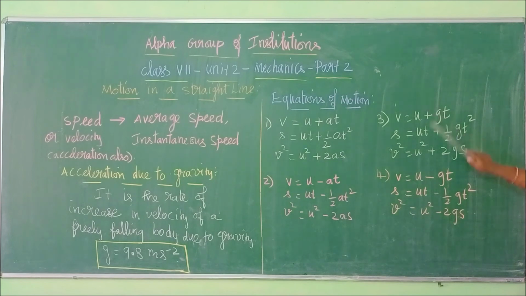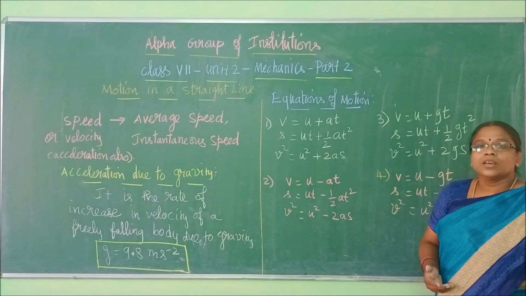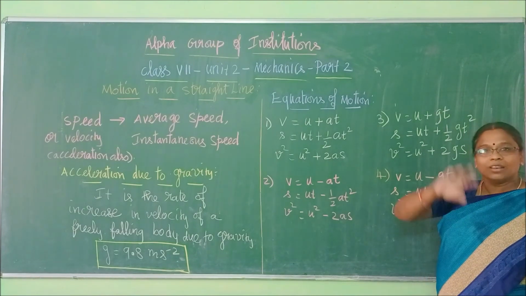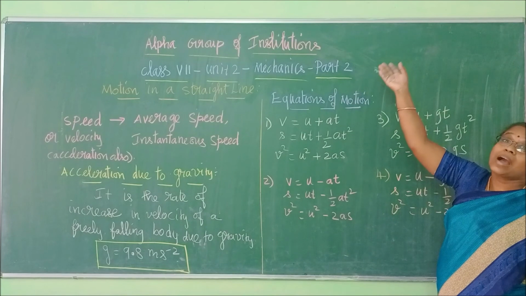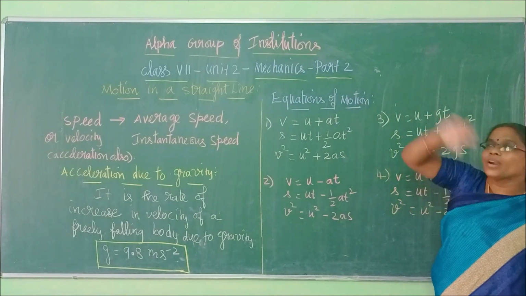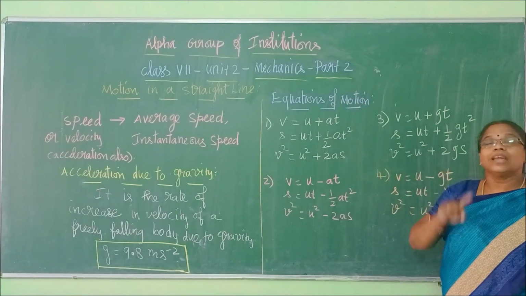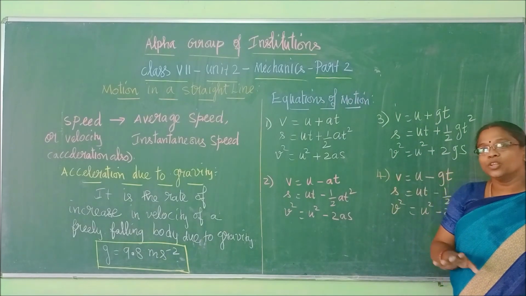Now the same equations for a body moving against gravity. Satellites are launched in a rocket, and it will move against the gravitational force. Earth will attract like this, but the rockets need to move against the gravitational force. At that time, what equations do we need to use?